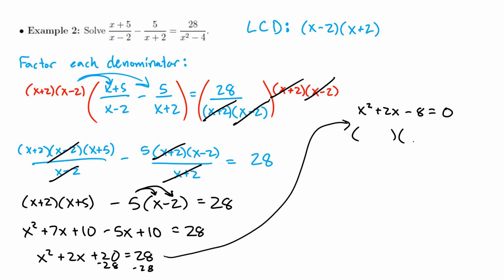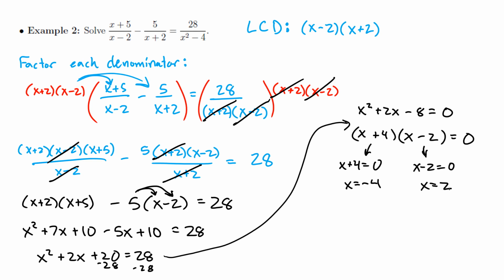So I'm kind of thinking x and x. 2 times 4 gives me 8. So how about plus 4 minus 2? 4x plus negative 2x is positive 2x. So this tells me x plus 4 equals 0, so x equals negative 4. This one tells me that x must be 2.